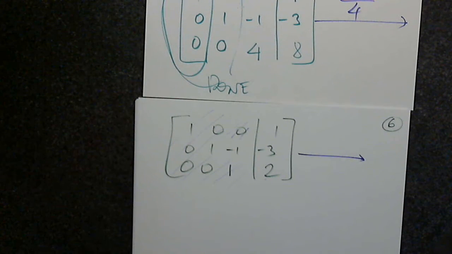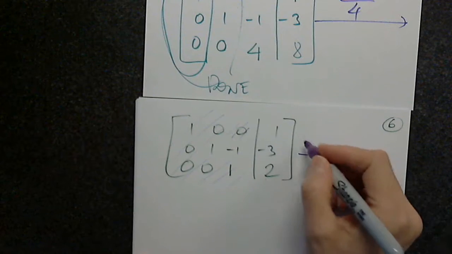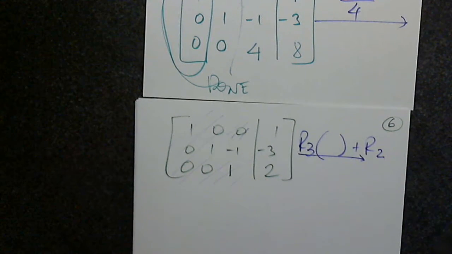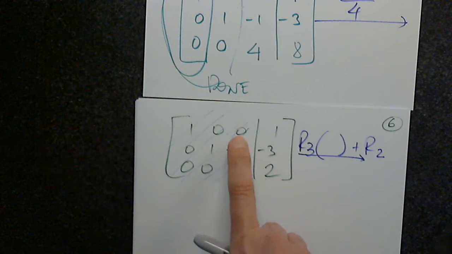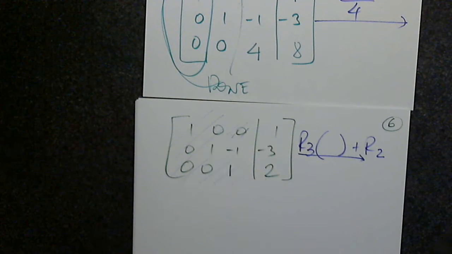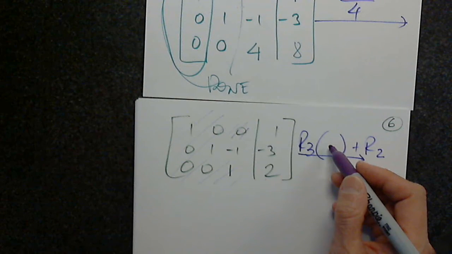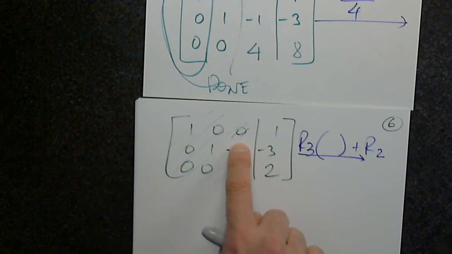Which row do I have to use now? I used row 1, then I used row 2. I have to use row 3 because that's where the 1 is. So this time it's only row 3 multiplied by something and added to row 2. What do I multiply this row by to add it here and eliminate this and change this into a 0? Only this one.